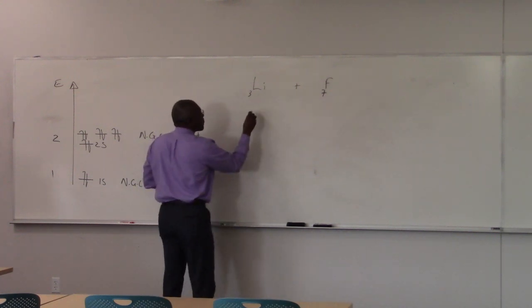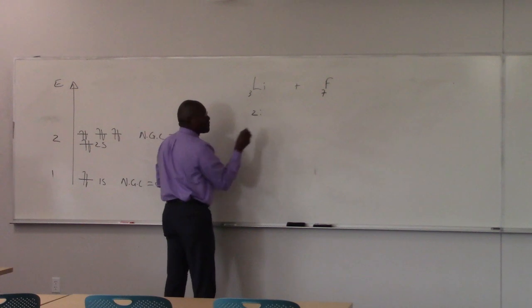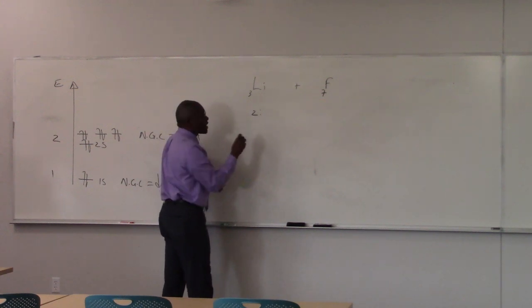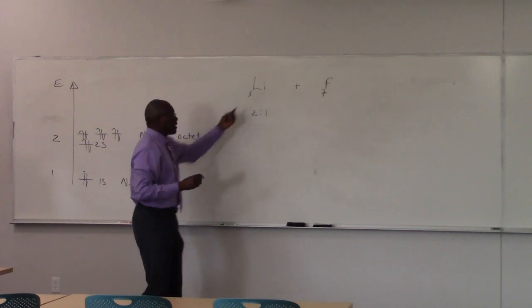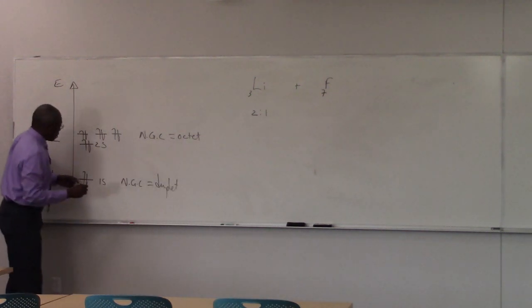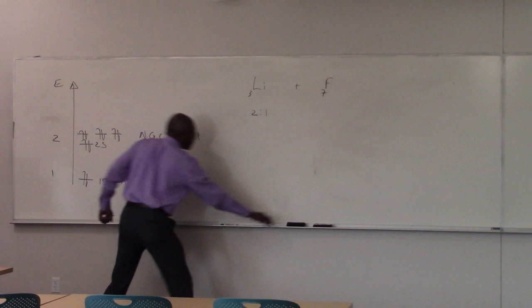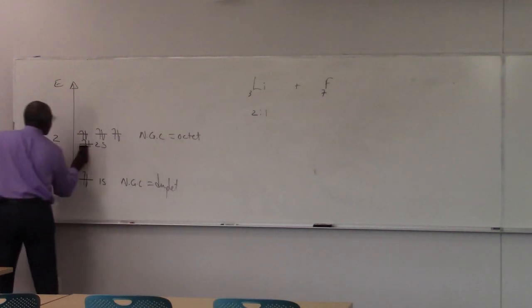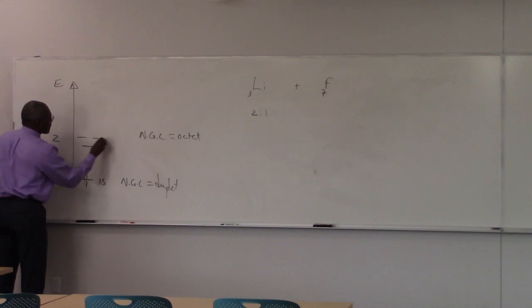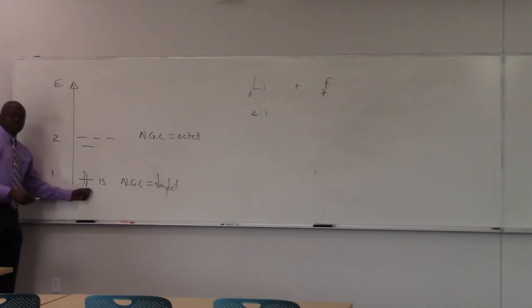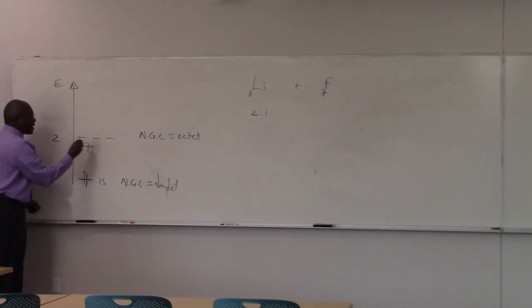So lithium has 2 electrons in the first shell, and 1 electron in the valence shell. That's how I spend my 3, right? For lithium, I would have 3 electrons, and I would go 1, 2 to fill the first shell, and then 3.